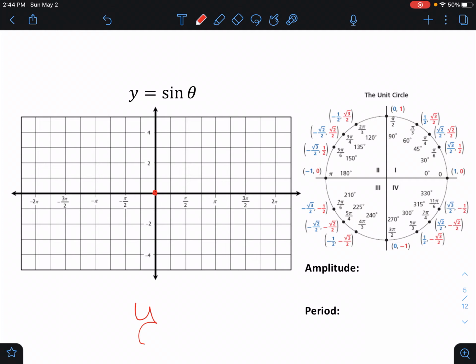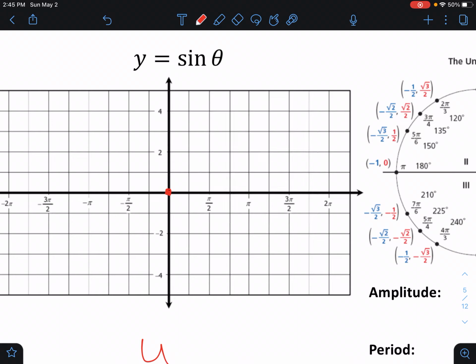Okay, now we can go to these other values like pi over 4, where each one of these squares represents 1/4 pi. But I'm going to go to a half pi because it's a little easier to utilize. At a half pi, the output is 1. So on my graph, at pi over 2, it's 1.